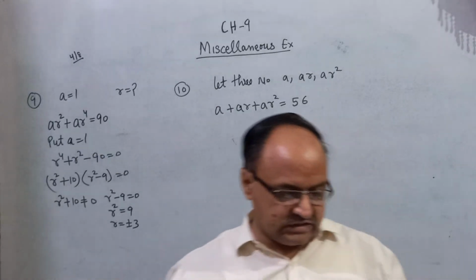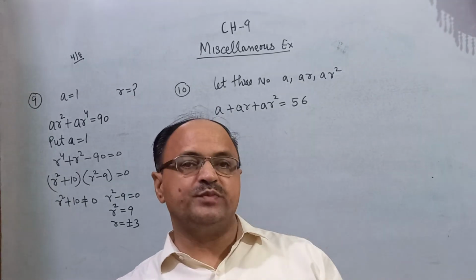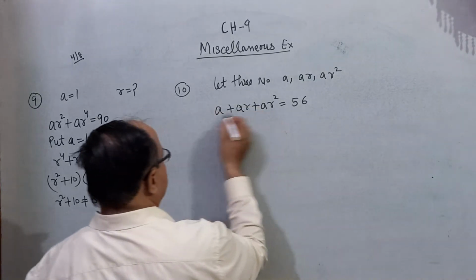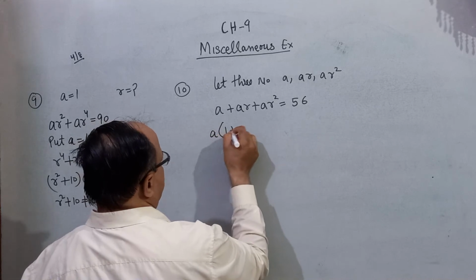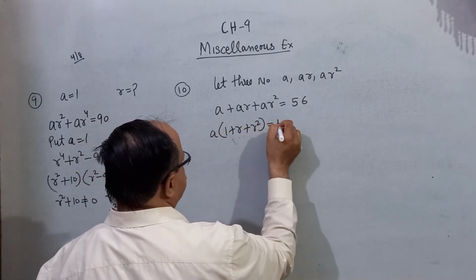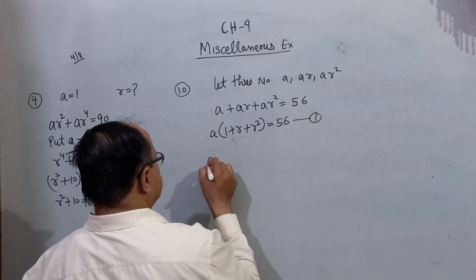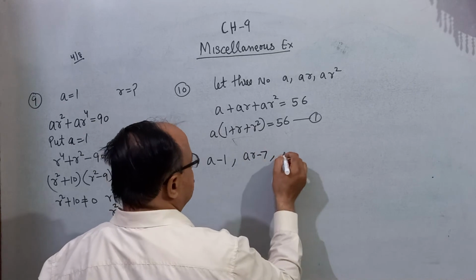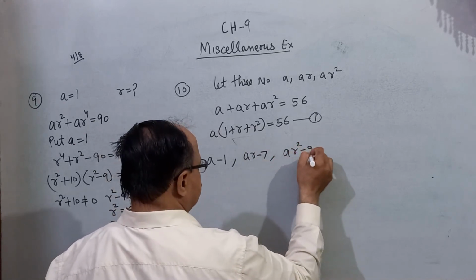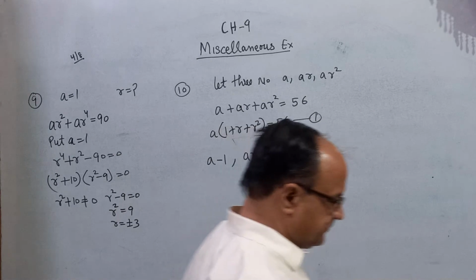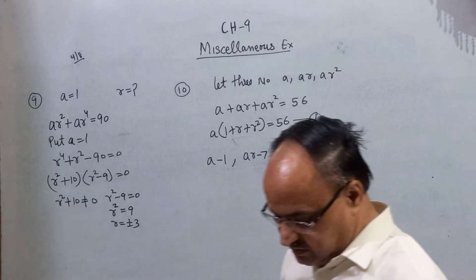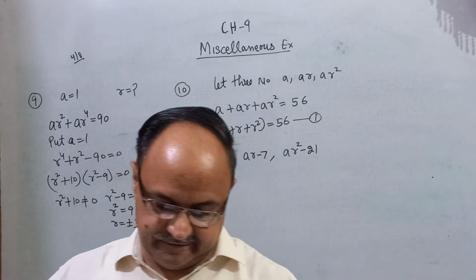If we subtract 1, 7, 21 from these numbers, we obtain an arithmetic progression. Here you will take a common: a(1 plus r plus r^2) is 56. If you subtract 1 from the first number, 7 from the second number and 21 from the third number, we obtain an AP.